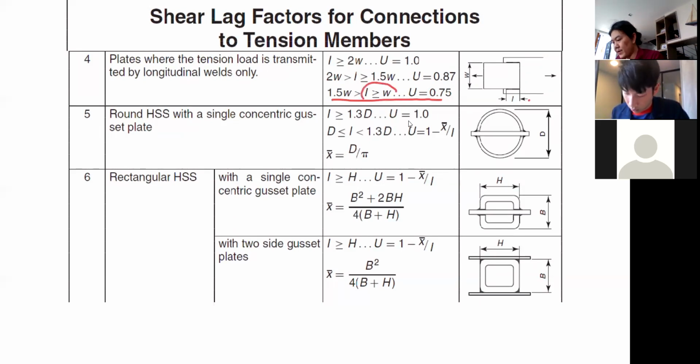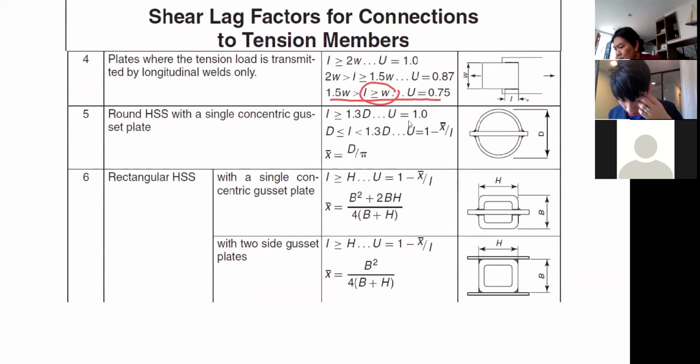You don't go beyond L less than W, so you don't weld it shorter than the width of the plate. And if the length of the weld falls into one of these, you just use the shear lag factor. And then they have more formulas for you to calculate the shear lag for this connection.